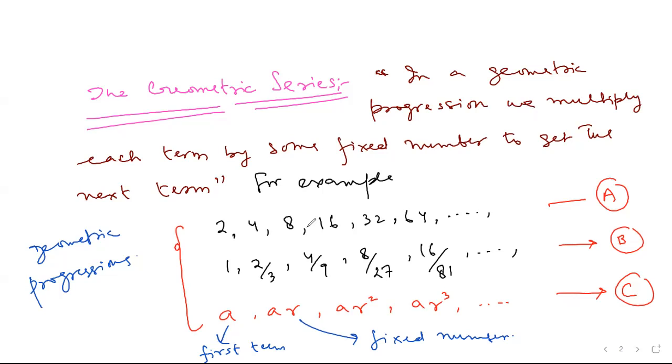It is visible because the entries are becoming bigger and bigger as we move in the progression. So if you add 2 plus 4 plus 8 plus 16 plus 32 and make a series, that series is also an infinite series, and that series does not have a finite sum, right?